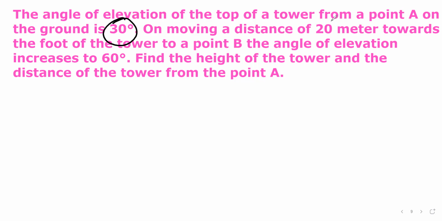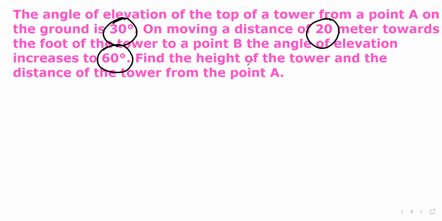On moving a distance of 20 meters towards the foot of the tower, to a point B, the angle of elevation increases to 60 degrees. Find the height of the tower and the distance of the tower from the point A.